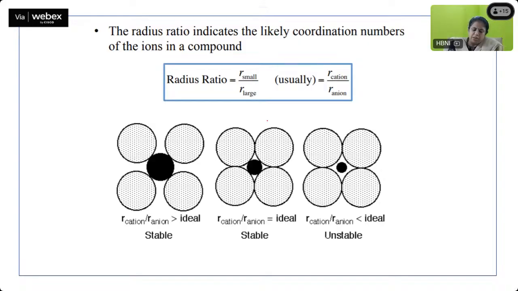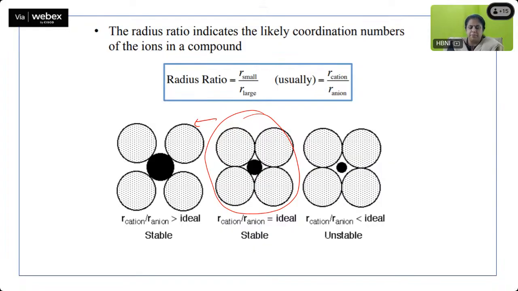This is the most ideal situation, wherein your cation is at the center, anions are surrounding it and touching it, and the cation is also touching the anions. Now let's say the cation starts getting a little bigger. Somewhere you will reach a situation where the cation is touching all the anions, but the anions are not touching each other.